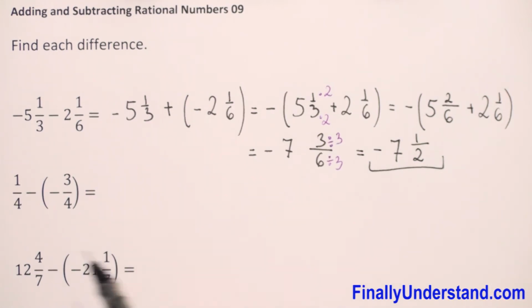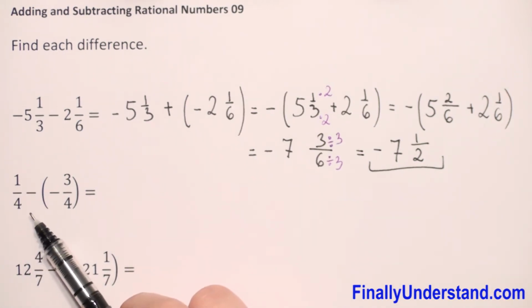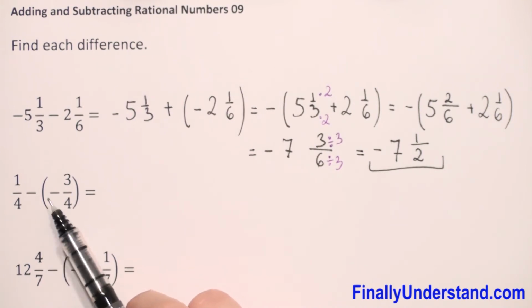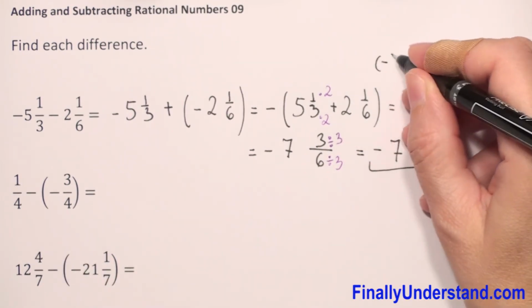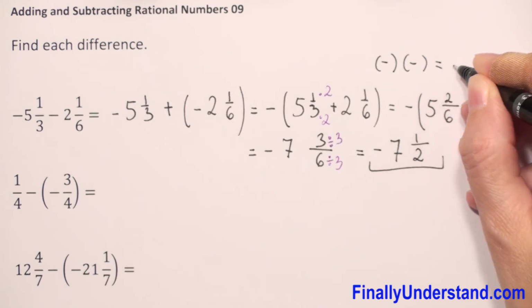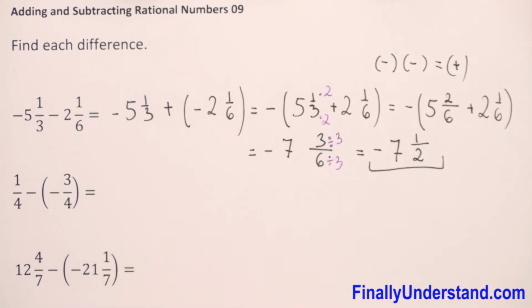Next example, subtraction. So again, you can memorize that when we have two negative signs, it always gives you positive. Or you have to remember that when we subtract rational numbers, we use the same rule like for subtracting integers.